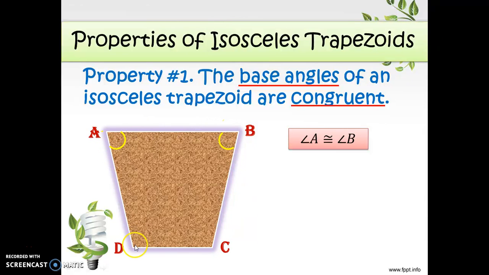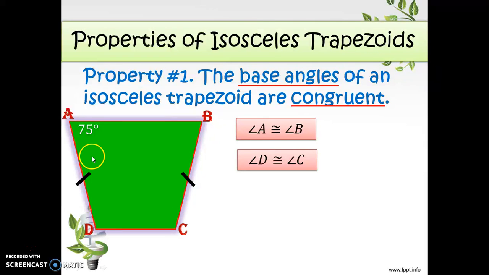And also in the lower base, we could have angle D and angle C, and they are also congruent. That is the meaning of the first property, that the base angles are congruent.